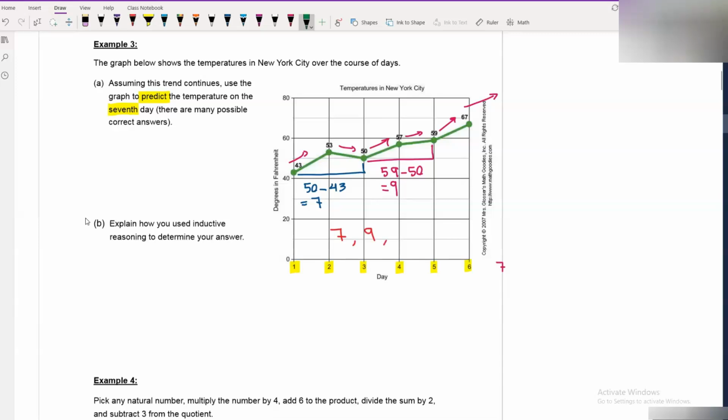I see that I added 2 here. So this is the relation between these two numbers. 7 plus 2 is 9. I'm going to use that one and add 2 to have 11. So for the next part, I'm expecting to have 11 for the differences.